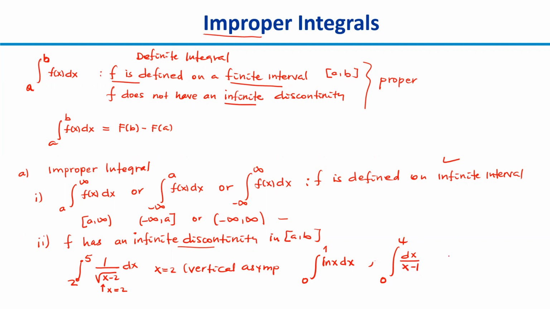This integral is defined from 0 up to 4, which includes infinitely many numbers, including 1, 2, and 3. But at x equal to 1, the integrand 1 over x minus 1 is not defined, which means x equal to 1 is a vertical asymptote. So for this reason, this is also an improper integral.